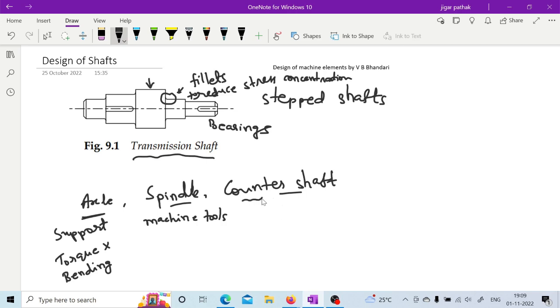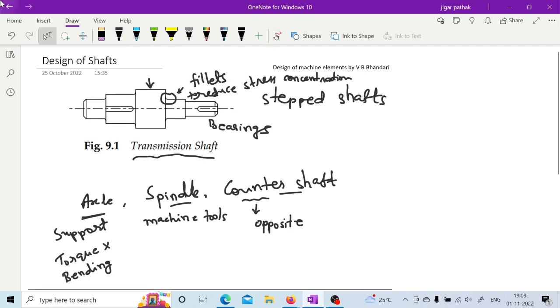Here the word counter means it rotates opposite to the main shaft direction. That is why it is known as a counter shaft. Generally this kind of motion is transmitted through gears. So this is how you have various types of shafts.